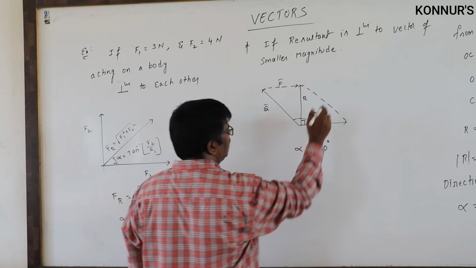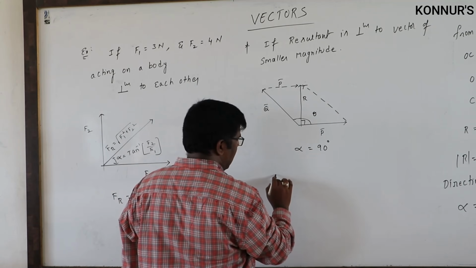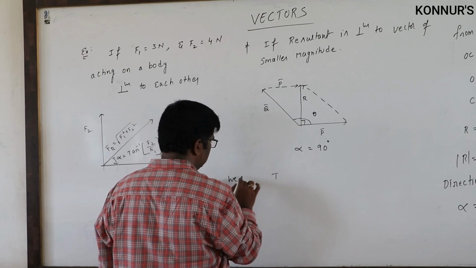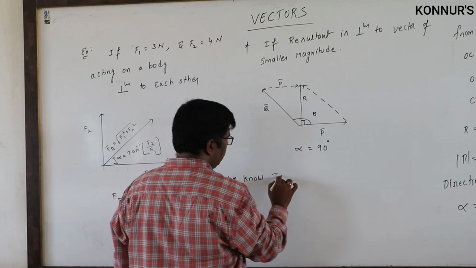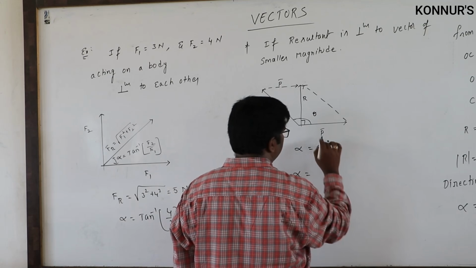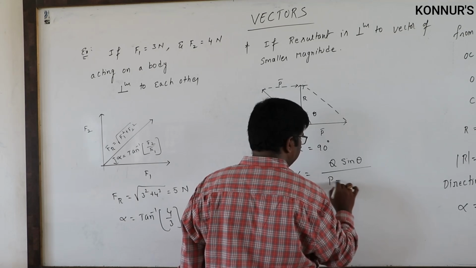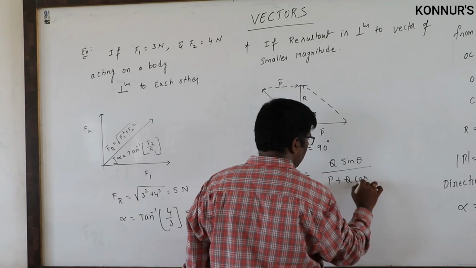So if you observe that, according to this, tan alpha equal to q sin theta by p plus q cos theta.